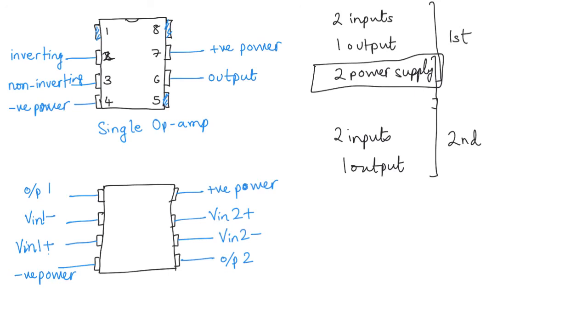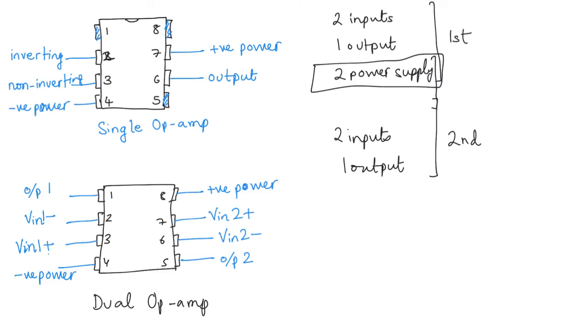And notice that I have said V in 2 plus, and because I have put this in, there is less probability of confusion with the positive power supply. Now this kind of a package where we have two op amps is called a dual op amp. So in the same one package, we have two op amps available to us.